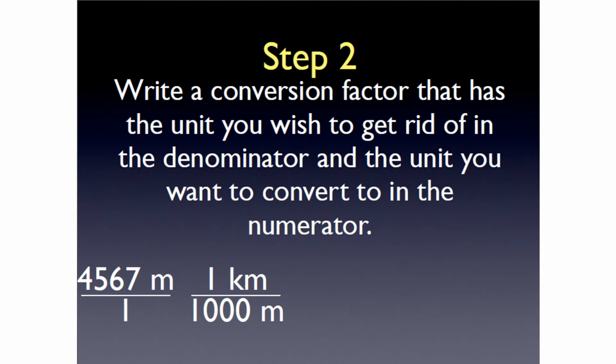So we have meters. That means that the meter has to appear in the denominator of your conversion factor. This right here is your conversion factor. Okay, so the unit you're trying to get rid of goes in the denominator, and the unit you want goes in the numerator.